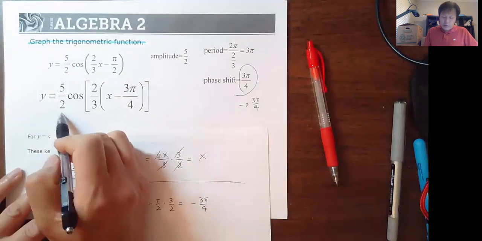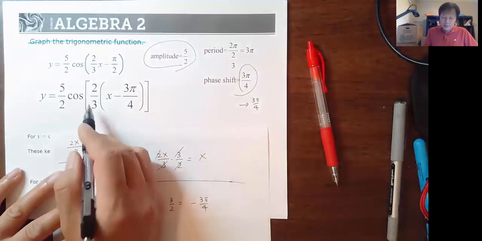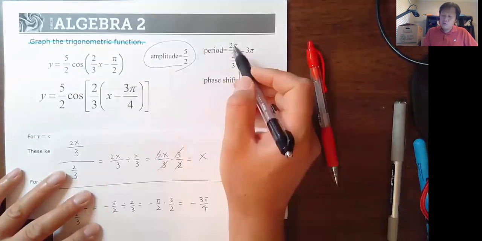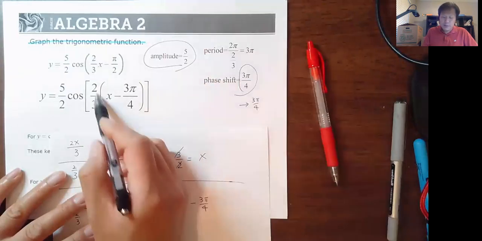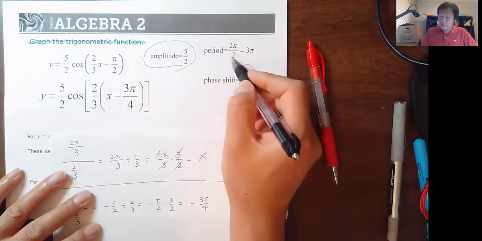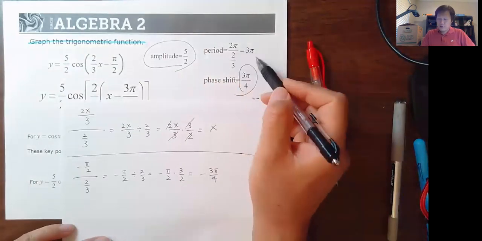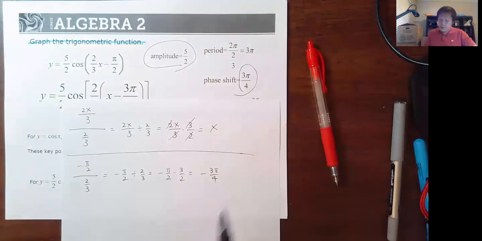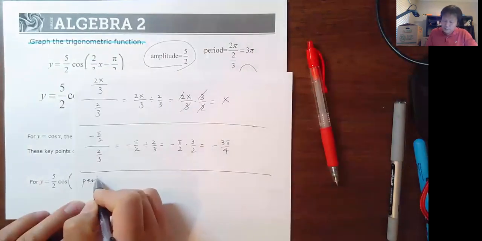Amplitude is the absolute value of A, so amplitude should be 5/2. Period is equal to 2 pi over the absolute value of B. B is 2/3. Again, if this calculation to 3 pi is a little confusing, here is the calculation for period.